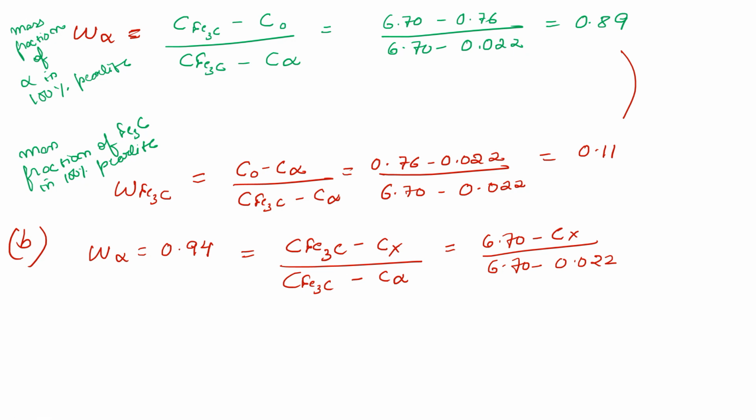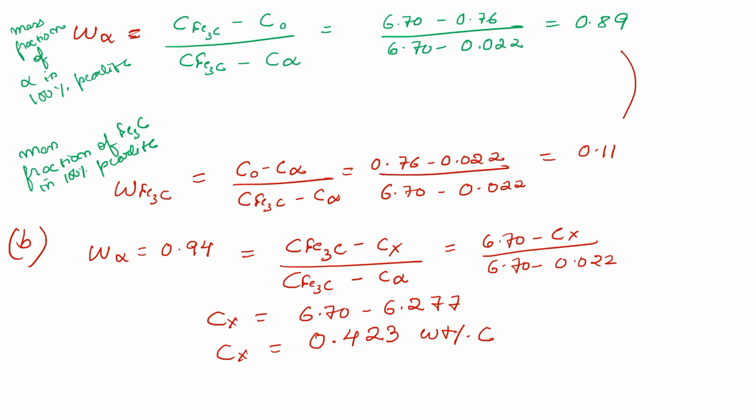If we solve this equation, 6.70 minus 0.022 is about 6.678. 6.678 multiplied by 0.94 is about 6.277, so Cx is 6.70 minus 6.277. That gives me about 0.423% carbon.